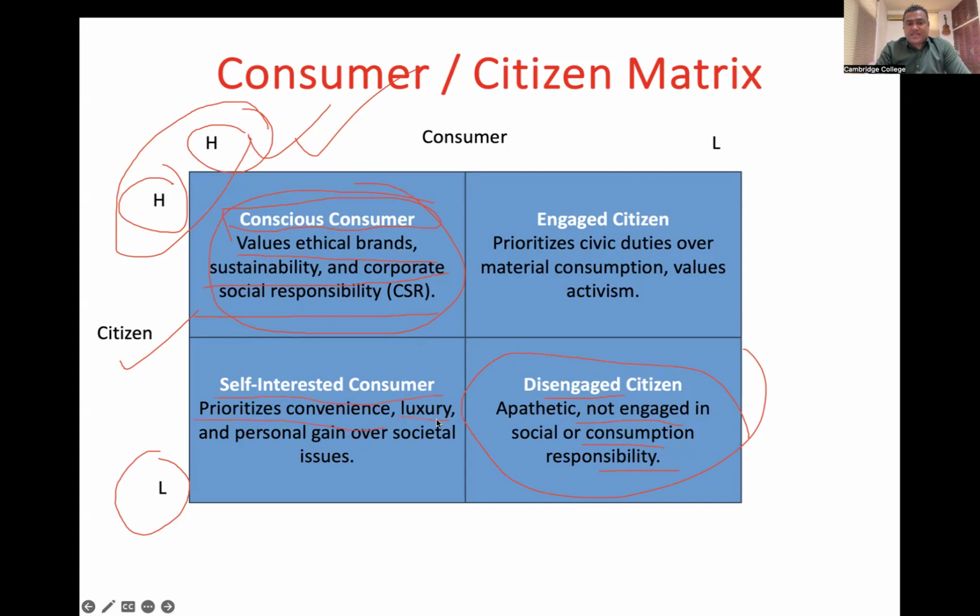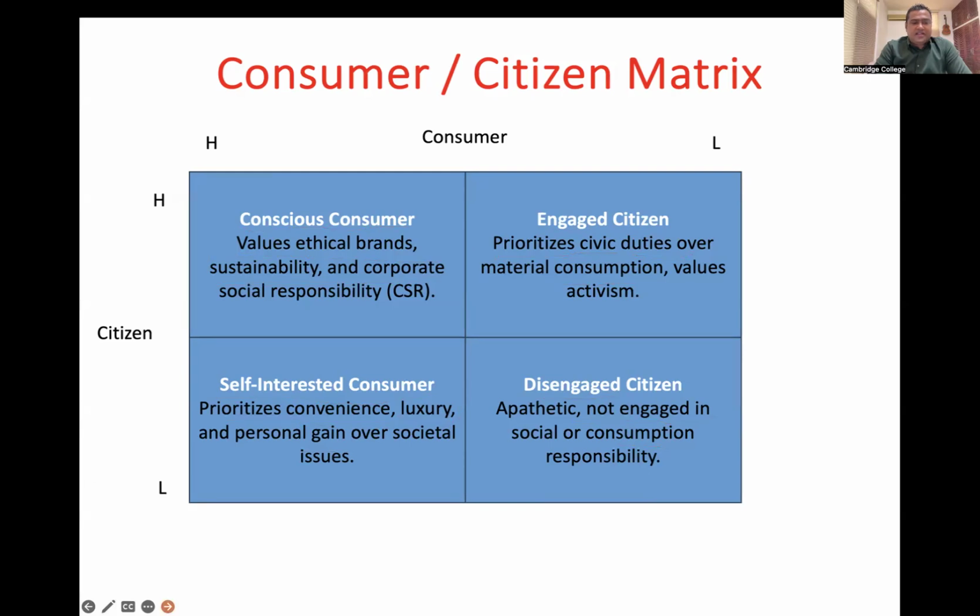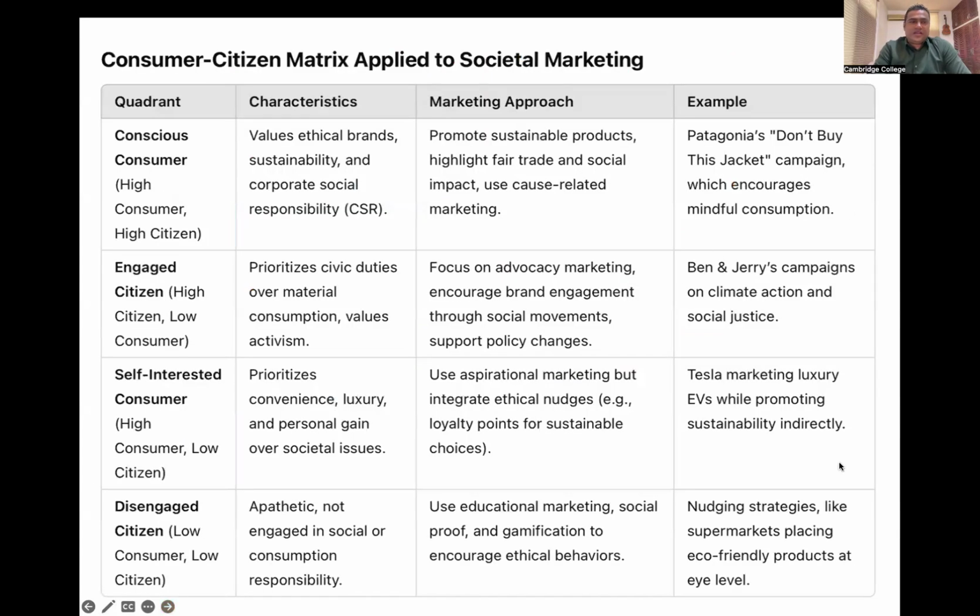Prioritizes convenience, luxury, and personal gain over societal issues. Then engaged citizen is, as a citizen you are high, as a consumer you are low. Prioritizes civic duties over material consumption. Values activism.